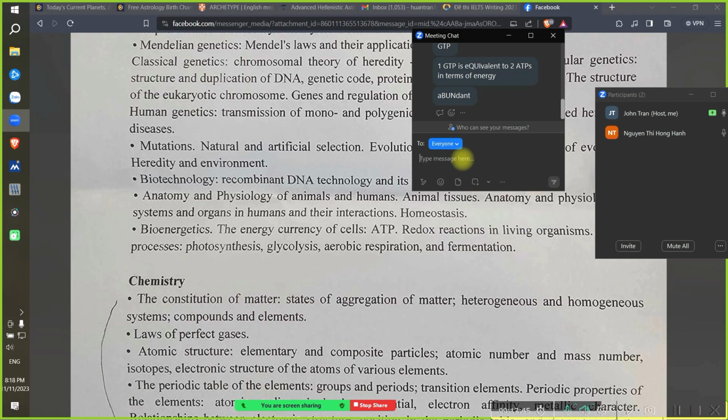But just to make it clear, ATP is not the only energy currency of the cell, okay? It's not the only one that the cell can use. Alright.